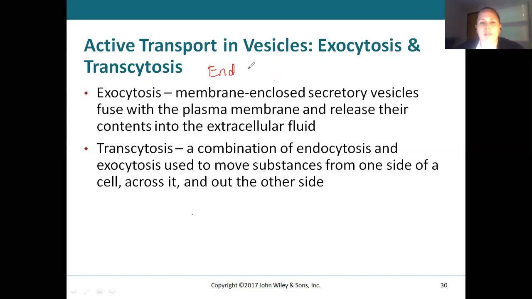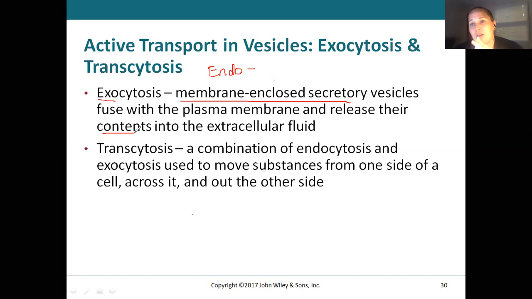Endocytosis is coming into the cell, and exocytosis is going out of the cell. Most often in exocytosis, membrane enclosed vesicles fuse with the plasma membrane and release their contents into the extracellular fluid. So endo bringing in, exo going out. That's going to be really important when we're talking about secretion of different enzymes, secretion of different fluids.